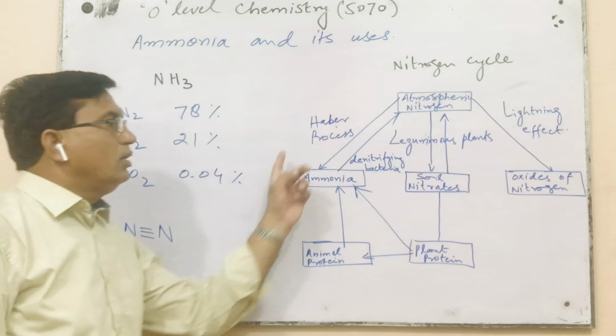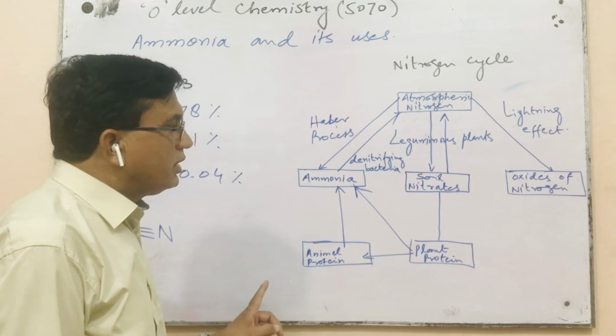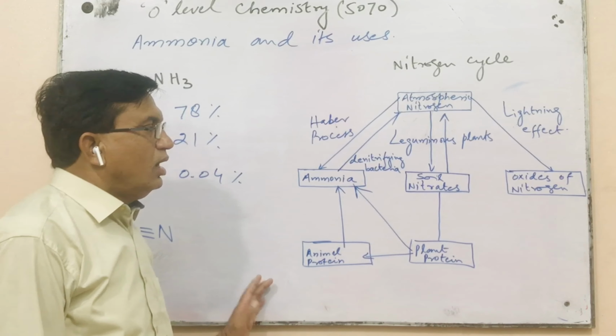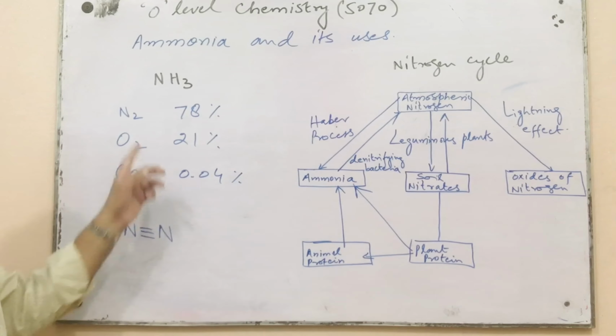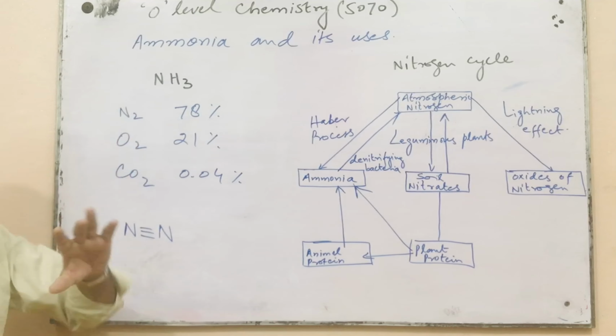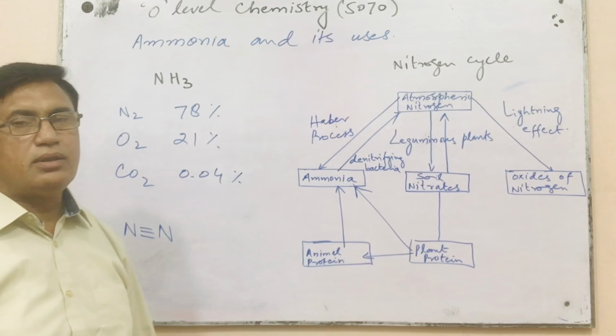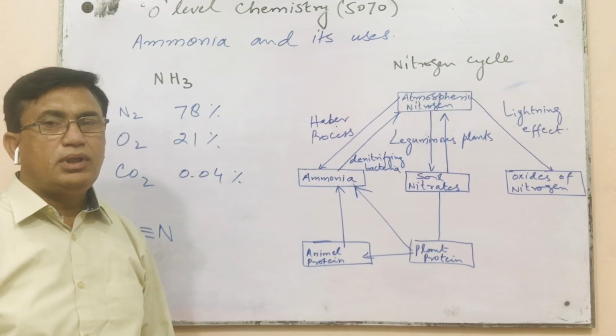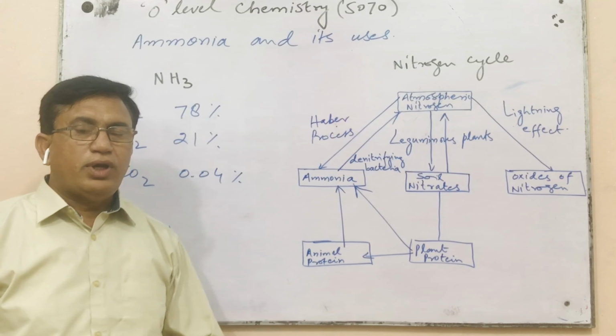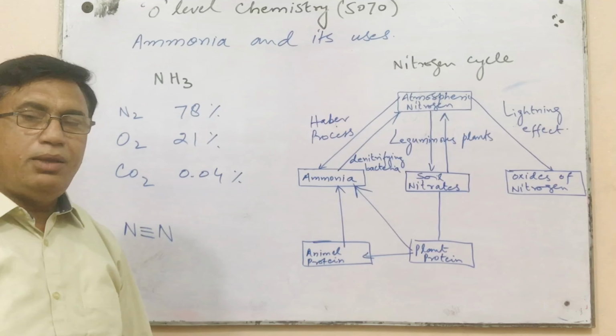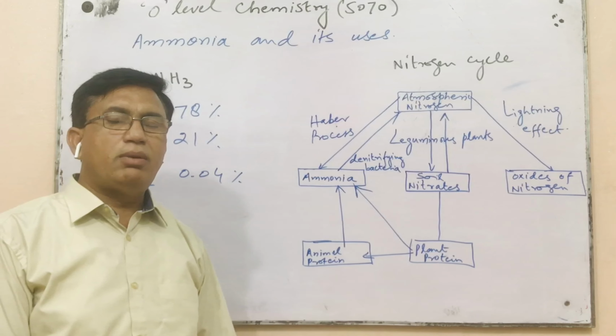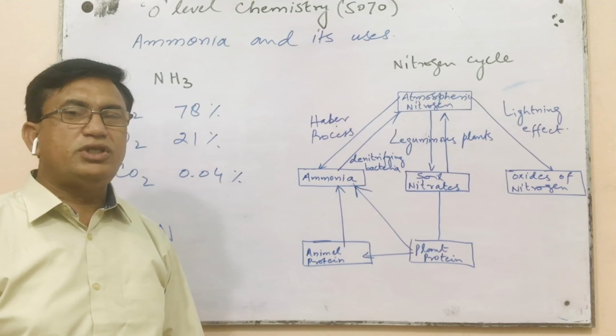Now here we are discussing how atmospheric nitrogen changes into its different compounds. The conversion of atmospheric elemental nitrogen into its compounds is called nitrogen fixation.